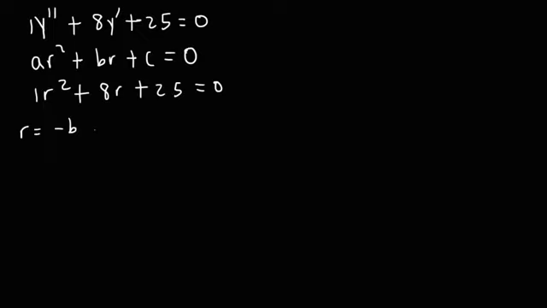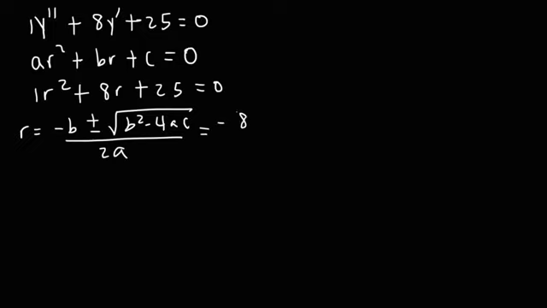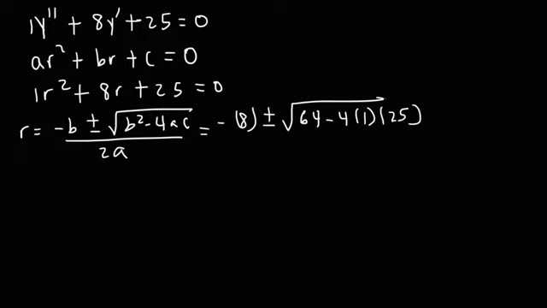So r is going to be negative b plus or minus the square root of b squared minus 4ac divided by 2a. So we said that b is 8. So we have b squared, which is 8 squared or 64, minus 4 times a times c. c is 25. a is 1. Divided by 2a, or 2 times 1, which is 2.